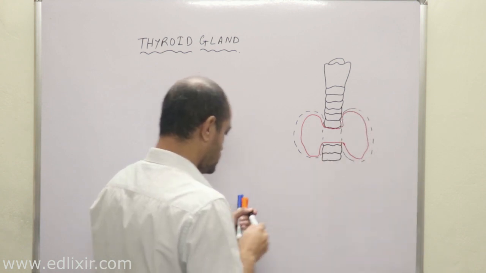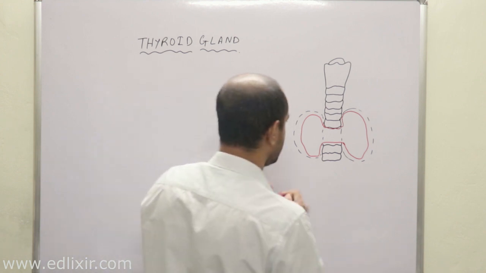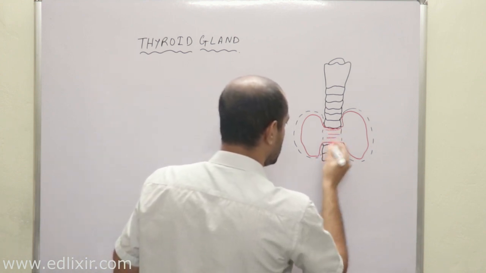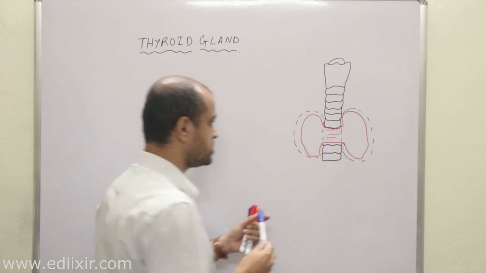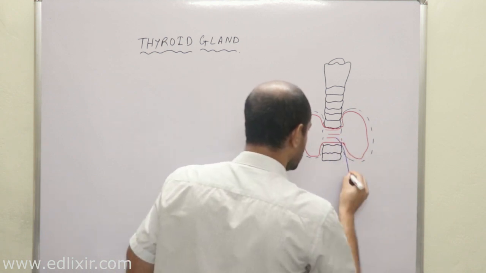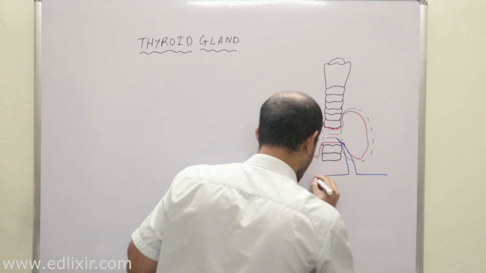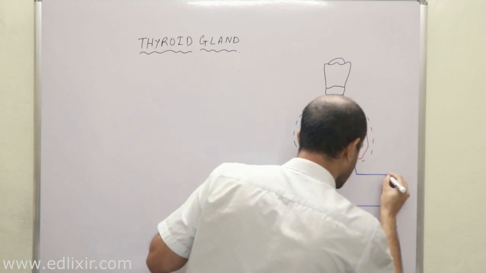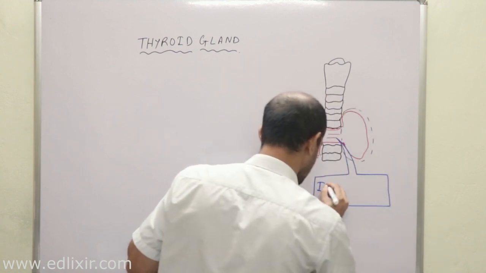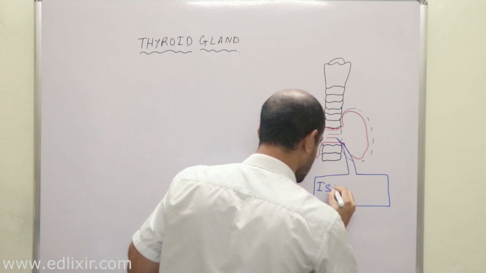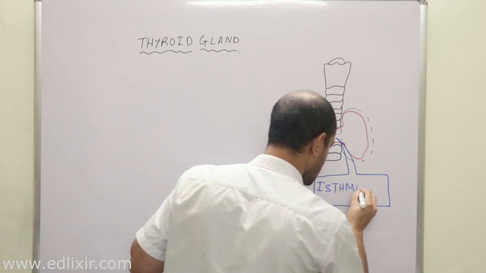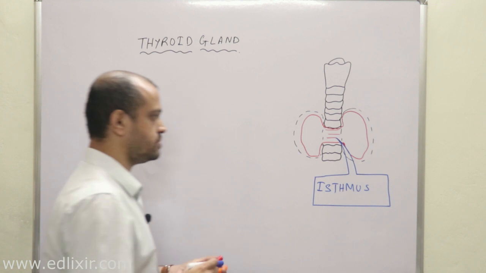Now these thyroid glands are connected by this segment which is called the isthmus. Clear? This is its isthmus.